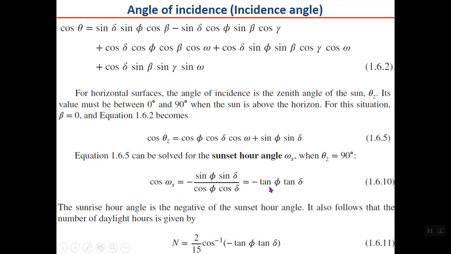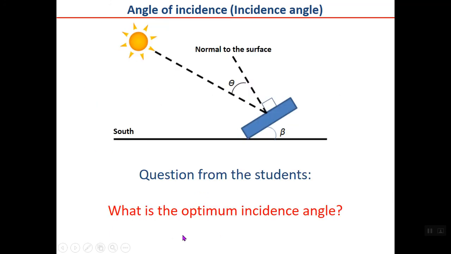So for any location, for any day of the year, you can simply calculate the time of sunrise and sunset by this equation, and also you can calculate the length of the day, N. This is also very important. N is the time between sunrise and sunset.